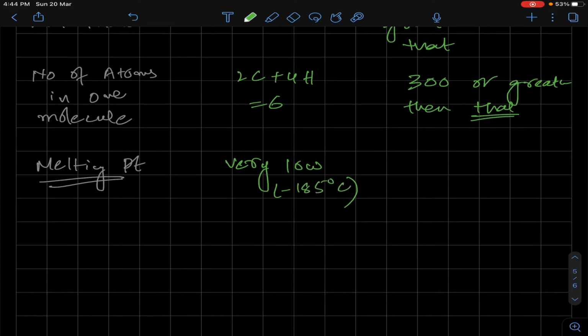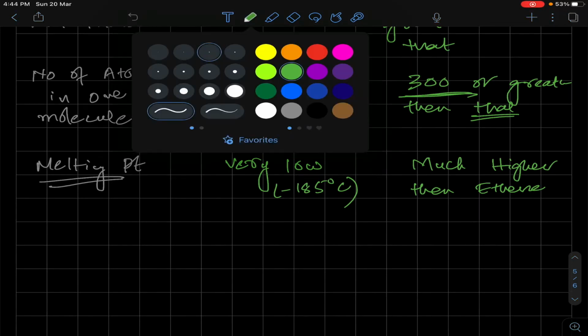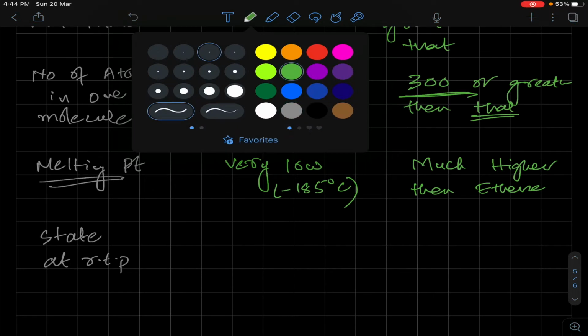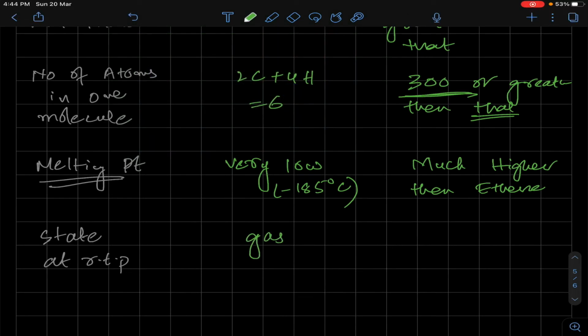But polyethene is made up of a large number of atoms, a large number of molecules, so it is much higher than ethene, because it would be difficult to break such a large number of bonds, right? And then the state at RTP, room temperature and pressure: ethene is a gas at room temperature and pressure, and polyethene is a solid at room temperature and pressure.